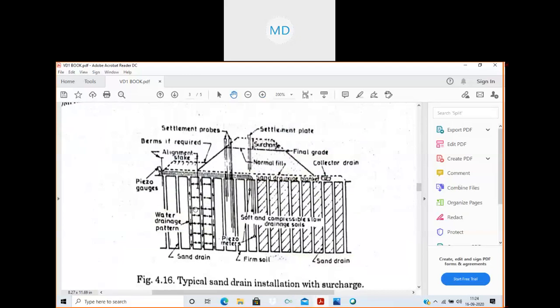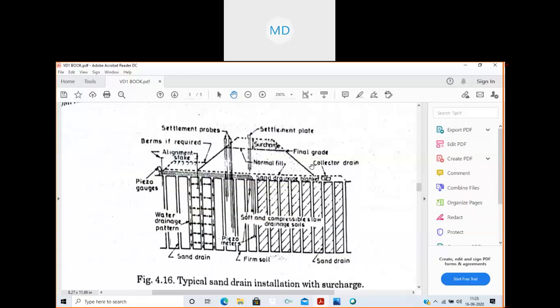It will strike these drains, and some amount of water will rise above, and these are the sand blankets, so it is also porous. Because of this load applied, and also because of these vertical drains, the water is forced to get squeezed out from the layer of the soil. So these arrow marks show the pore water that is moving through the sand drains.